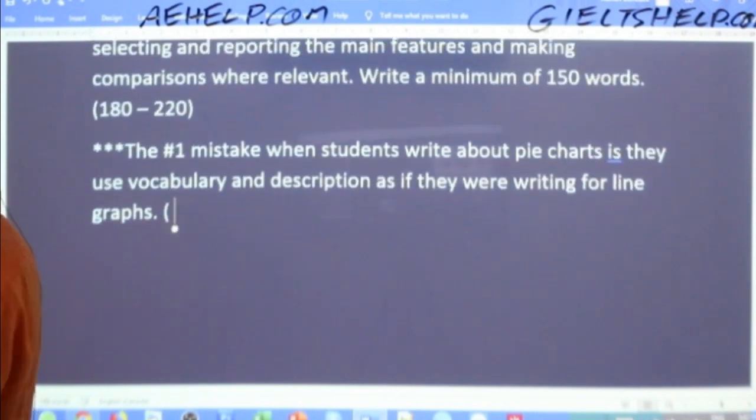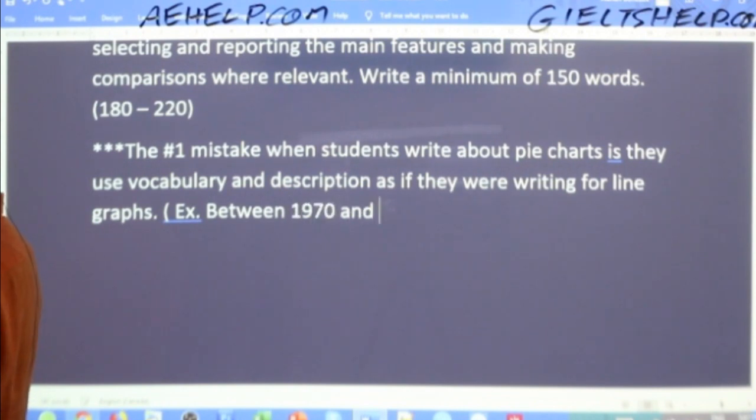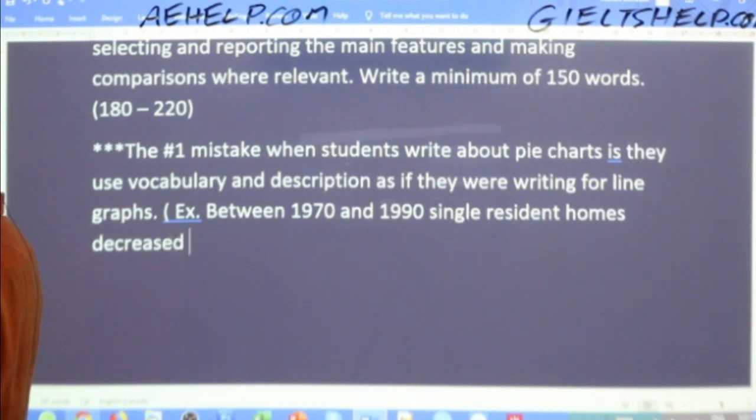They'll go, between 1970 and 1990, single resident homes decreased by 10%. Okay?